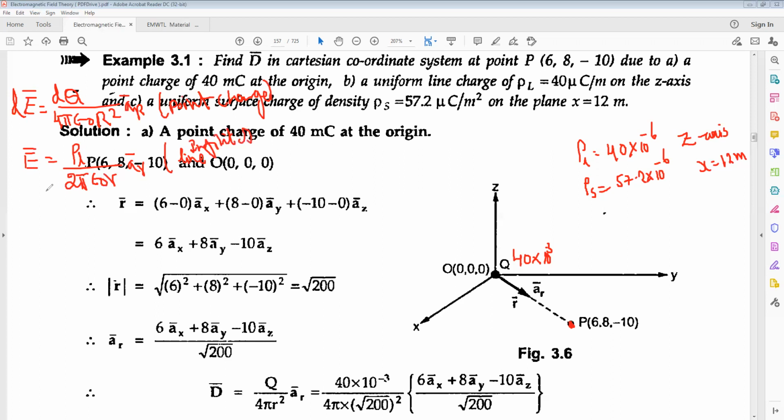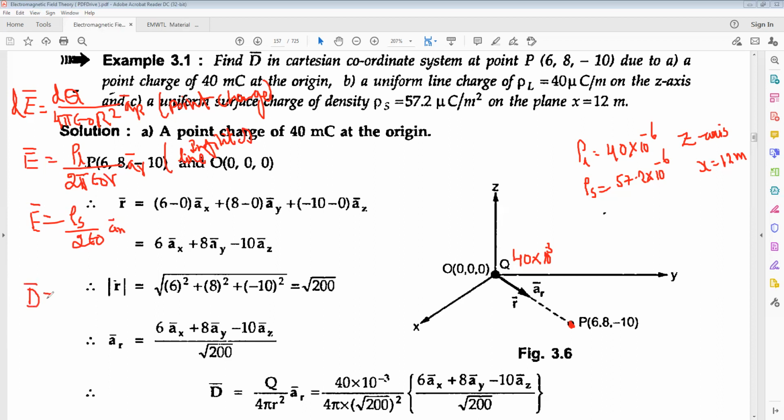Next, part C says there is a uniform charge density rho S, so E bar is equal to rho S by 2 epsilon naught AN bar. The same formulas you have to use here to find the electric flux density. What is the relation between electric flux density and electric field?